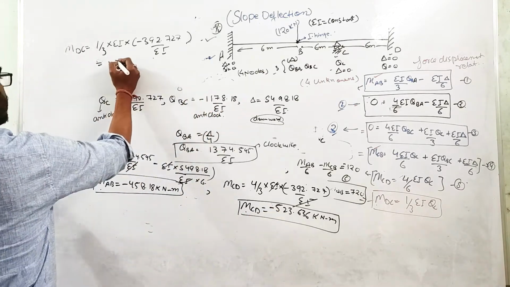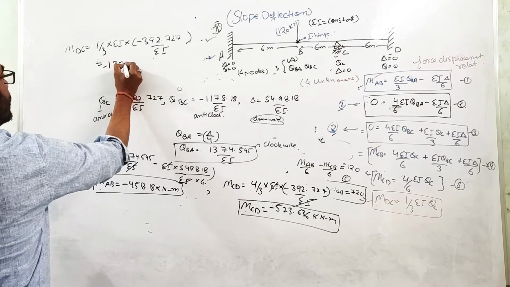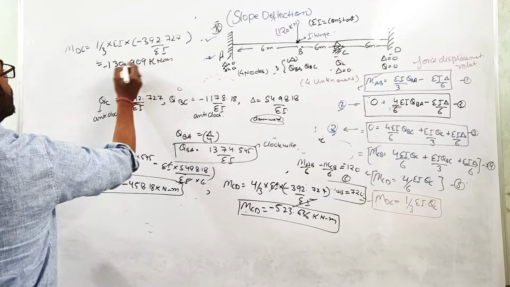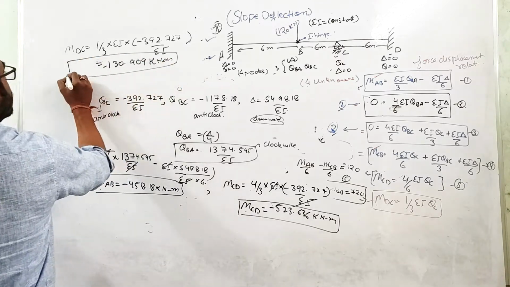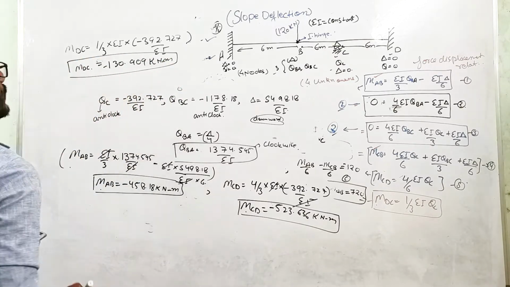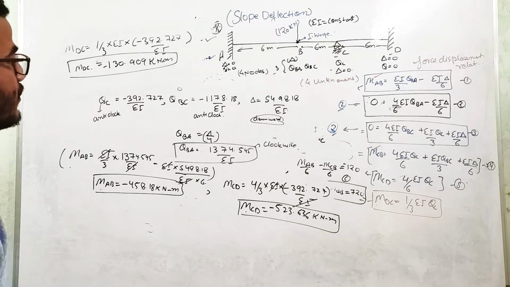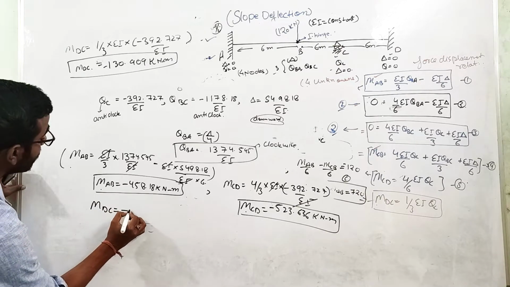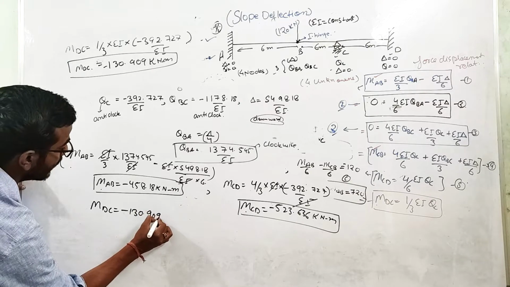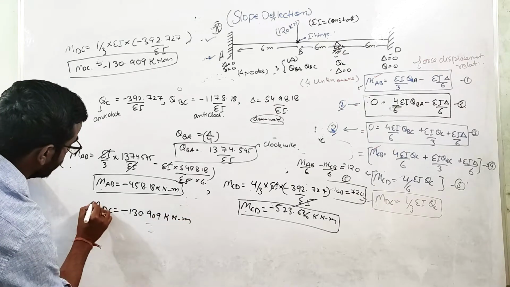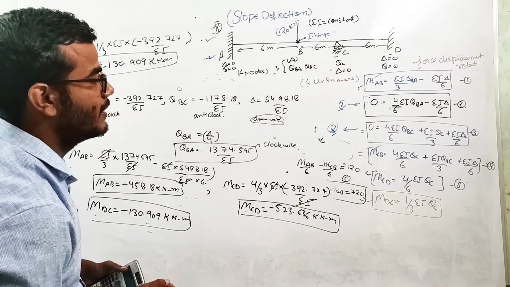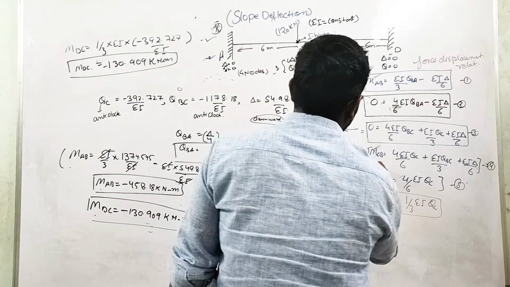This value is minus 130.909 kilonewton meter. Okay, this is the value of MDC. Now we need to find the value of MCB. For MCB we will be using this equation.